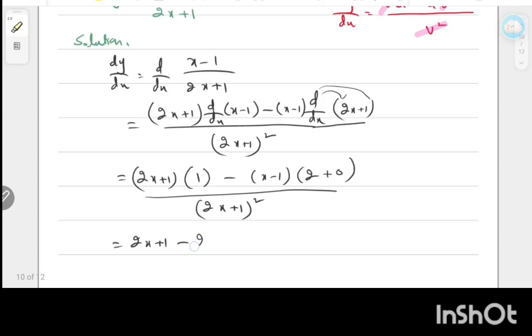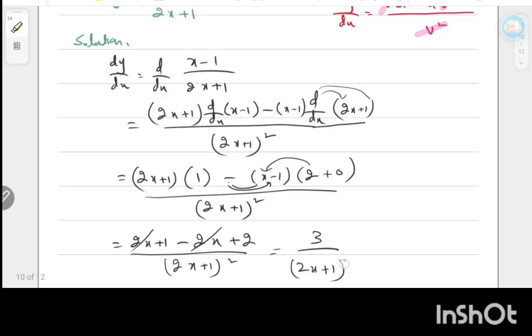Here is minus 2x, these two multiply and this minus sign, minus times minus will be plus 2. So we got (2x plus 1) whole square. These two cancel. 1 plus 2 will be 3. So 3 over (2x plus 1) whole square.